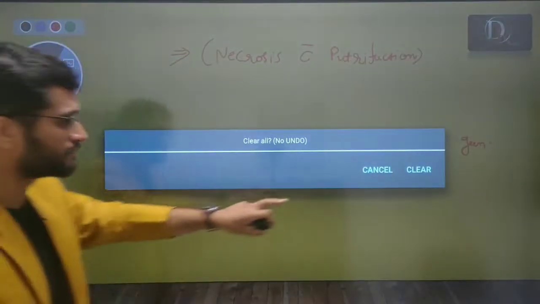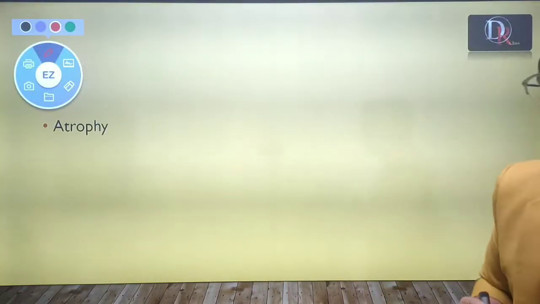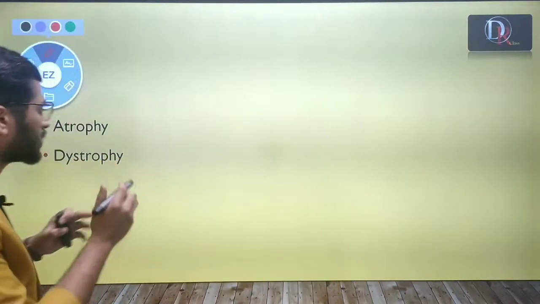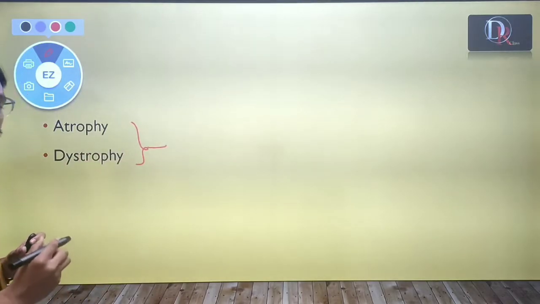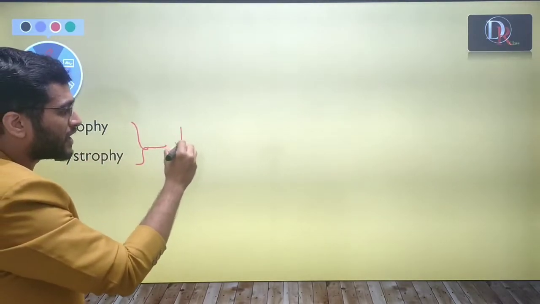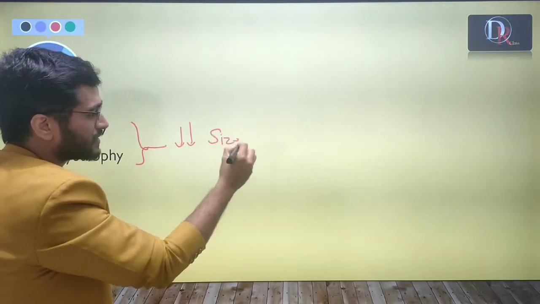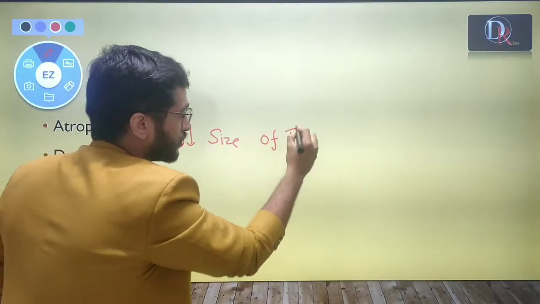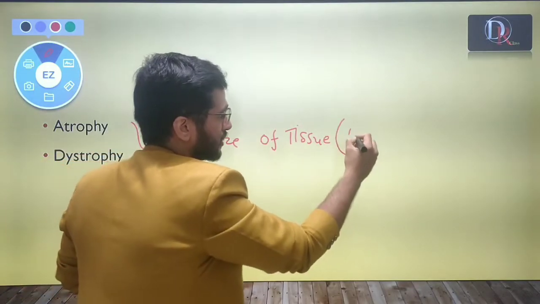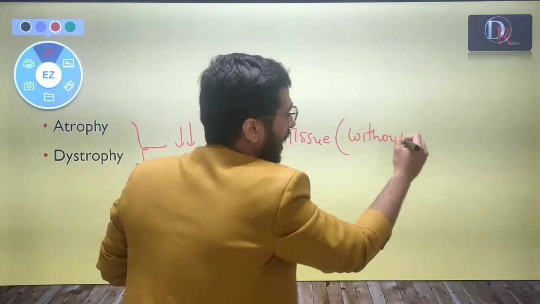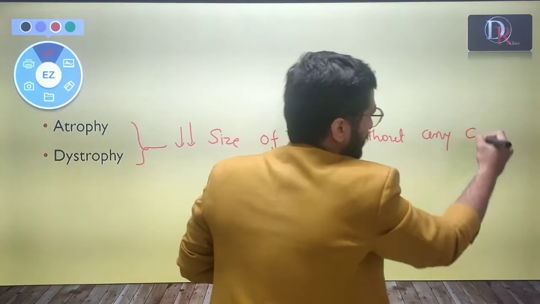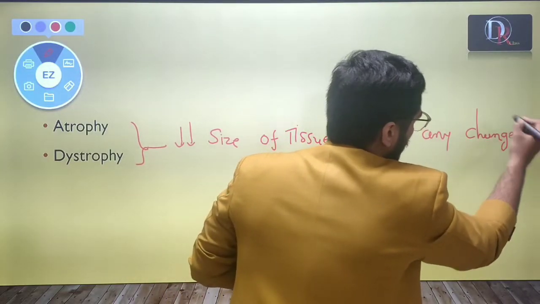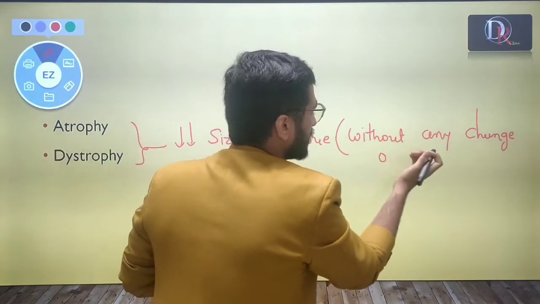Okay, so let's see the next term, and that is atrophy. Let's look at two terms: one is atrophy and the second one is dystrophy. These two terms have the same meaning. Atrophy and dystrophy mean a reduction in the size of tissue, but without any change in the number of cells.